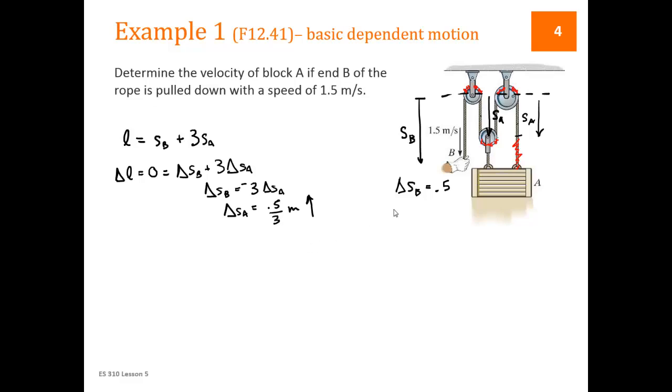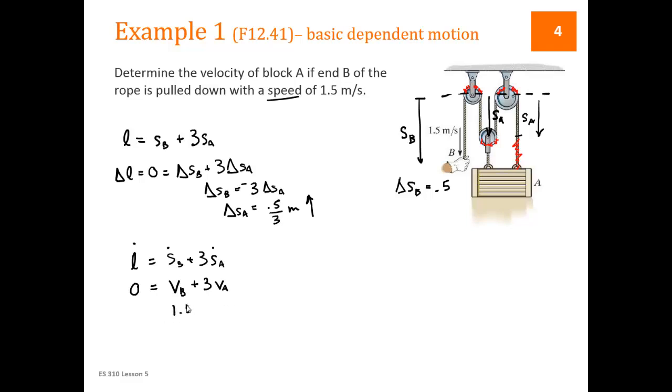Now let's do things with finding the speed. Alright, so with finding the speeds, we're going to take the derivatives. So L dot is equal to SB dot plus 3 SA dot. The derivative of the length, which doesn't change, is 0. The derivative of distance SB is VB plus 3 VA. Well, we're given VB is 1.5.